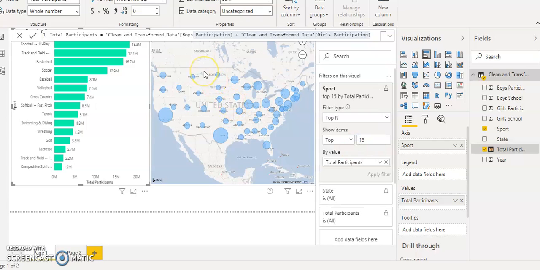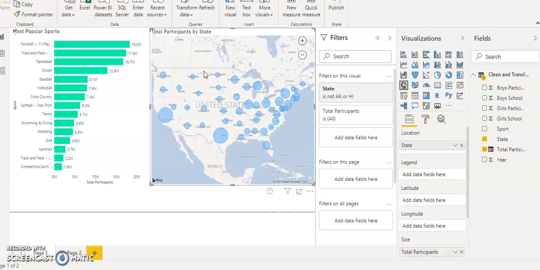Now, coming to the second chart, this is basically a map chart showing the total number of participations on the basis of states in the United States. Also here I have put a filter on the states, where I have eliminated two of the states in the US.